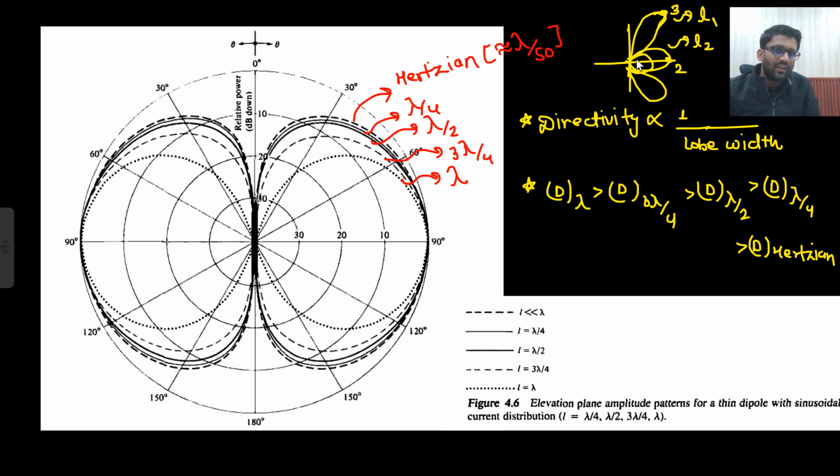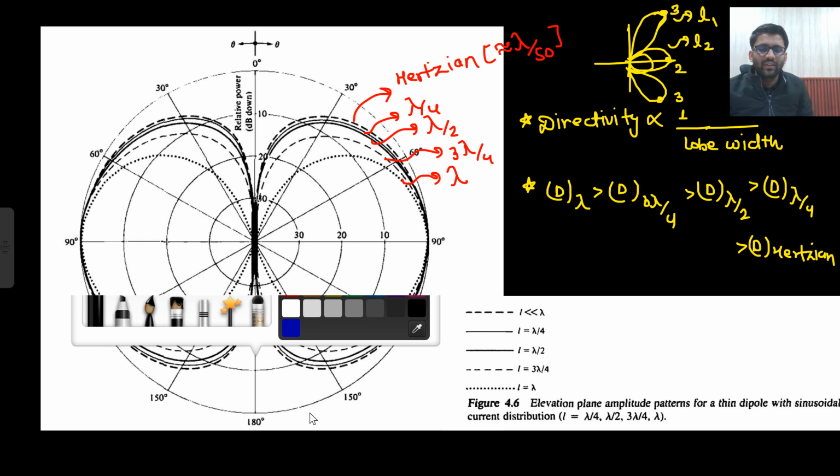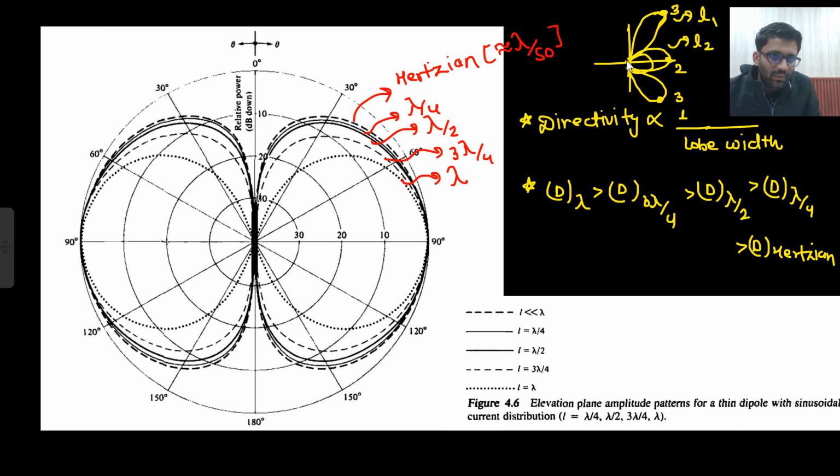How do you make the radiation pattern? You write down the magnitude, right? This magnitude is 3, this is 2, and this is also 3. This particular radiation pattern is for one antenna and the other is for another antenna. This one is for length L2 and this one is for length L1.